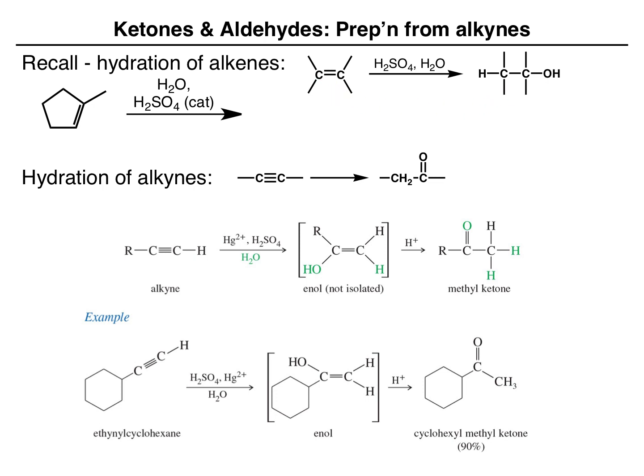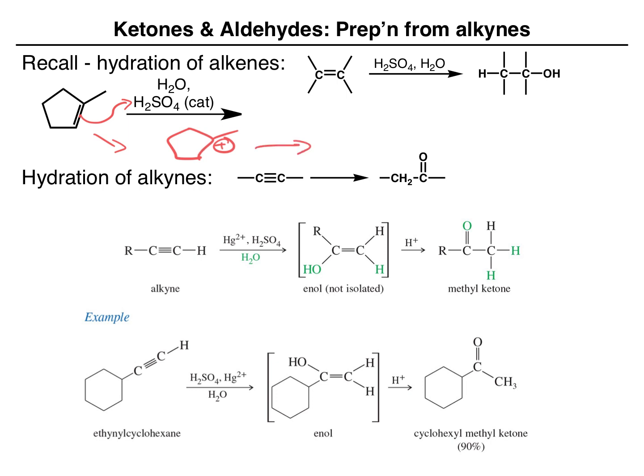So this is an electrophilic addition, and if we look at this example where we have 1-methylcyclopentene, the alkene is going to share its electrons with sulfuric acid, and that leads to the formation of the more stable carbocation.